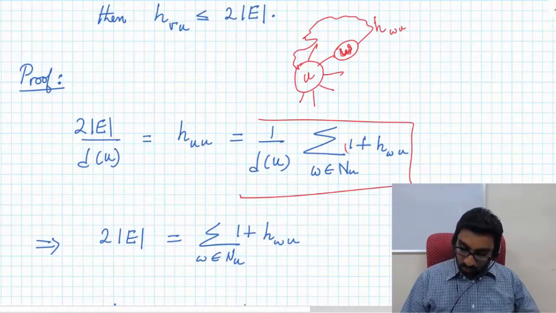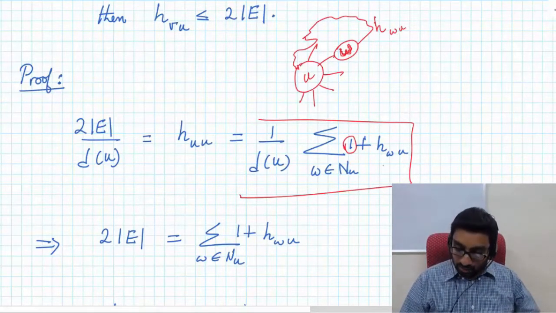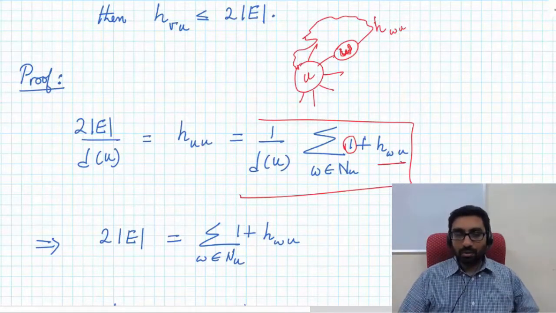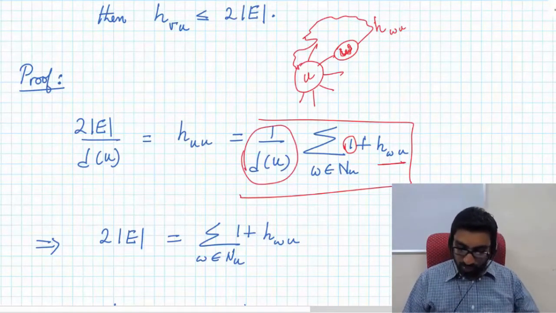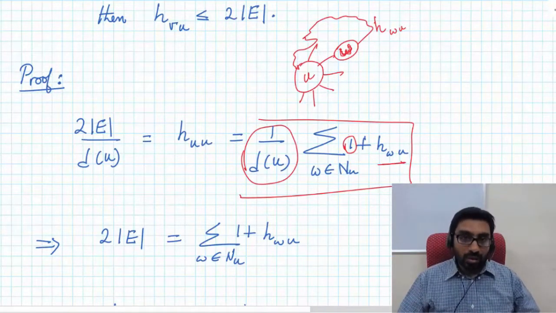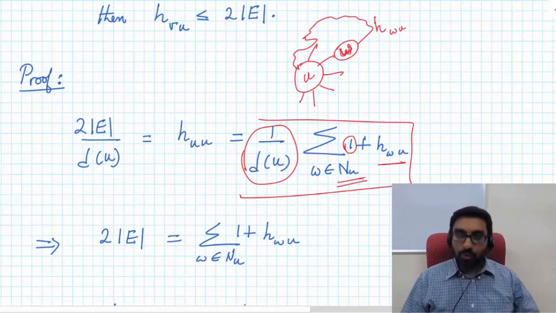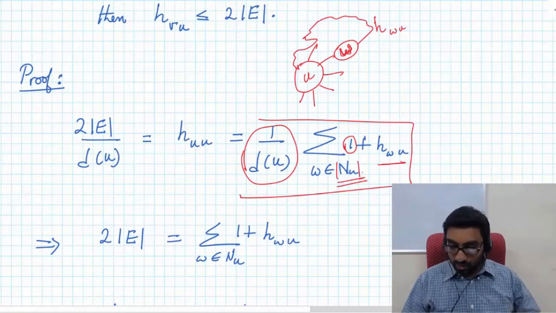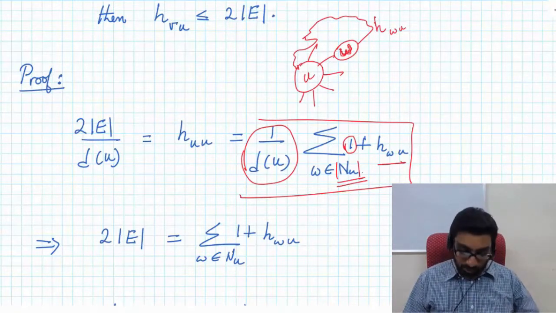This one corresponds to the one step that we take to go to w, and this hwu is the expected number of steps that we take from w to u, and this option is exercised with probability 1 over du, and this is just one of many options, in particular one of nu number of options. This is the number of neighbors of u, and applying the law of total probability, we get this expression for huu.